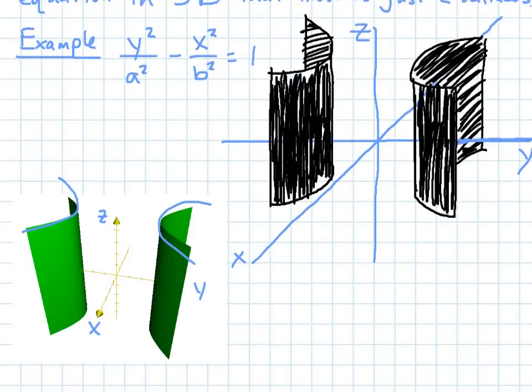When you don't have a variable, like this one's missing Z, that means Z can be whatever it wants to be. So if it's a million, it doesn't change your equation. Your equation's still correct. Z can be 100, a million, -5, -1/2, or whatever. That's what creates that surface.